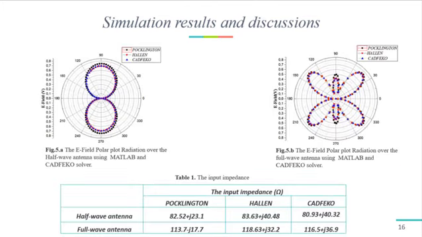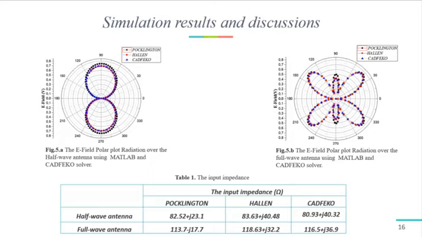For the simulated E-field, the radiation pattern of the dipole antenna is presented in figure 5. It is noted from the figure that the E-field radiation pattern for the half-wave and full-wave dipole antenna is directional at the resonance frequency.